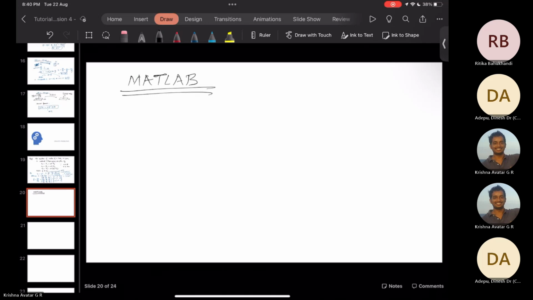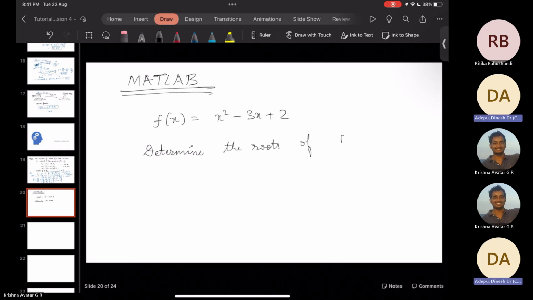So what I'll do is I'm just picking up a very simple problem. The problem is f(x) is equal to x squared minus 3x plus 2. So we are asked to determine the roots of f(x) is equal to 0.